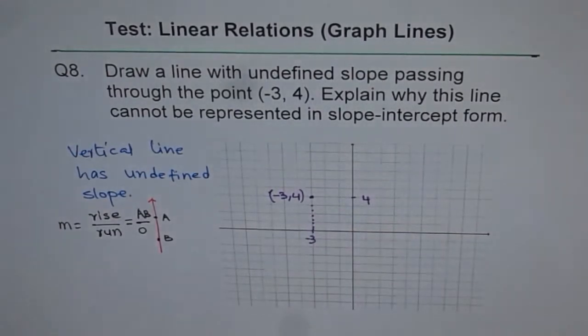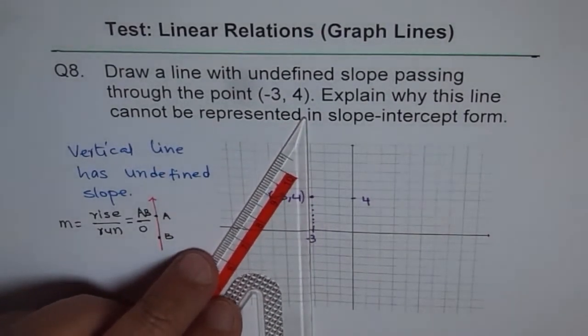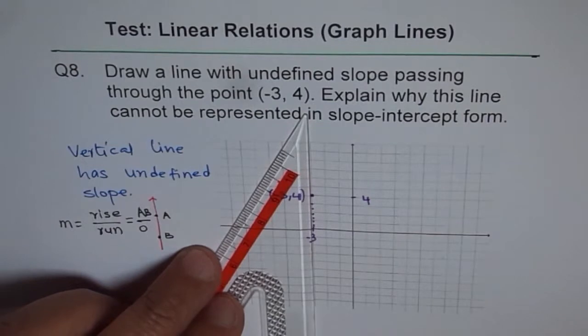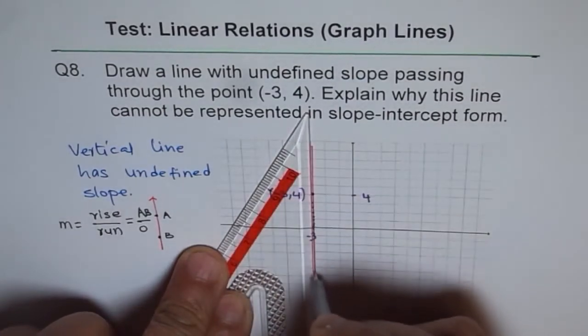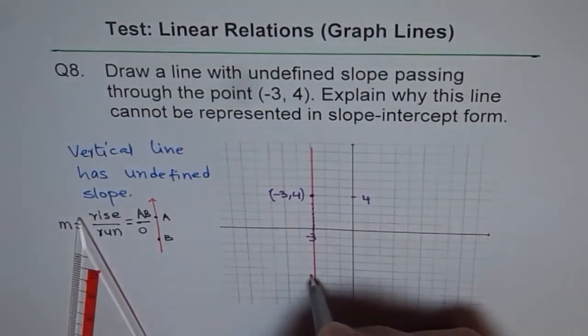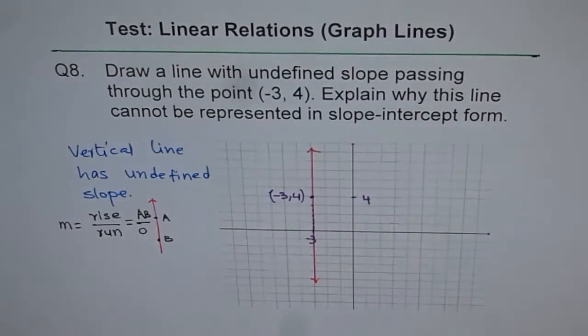So now if I draw a vertical line here going through the point minus 3, 4, I have a line with undefined slope. So that is the line.